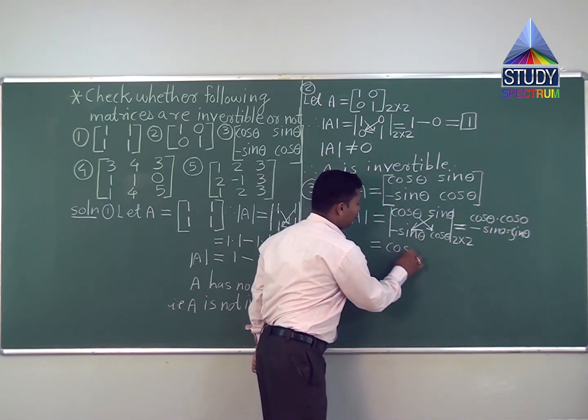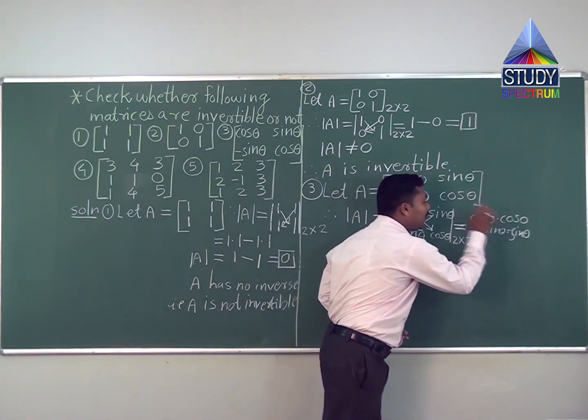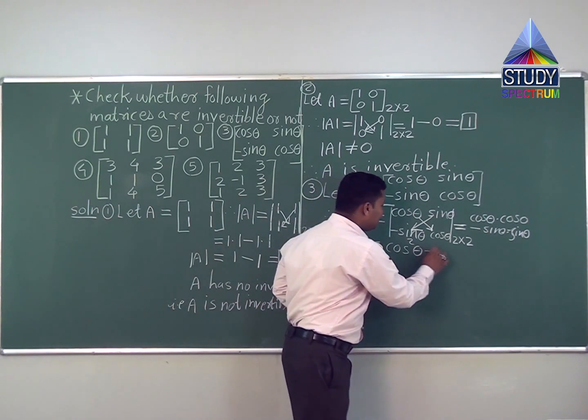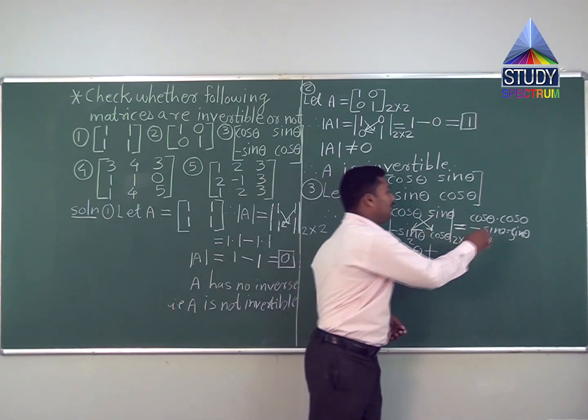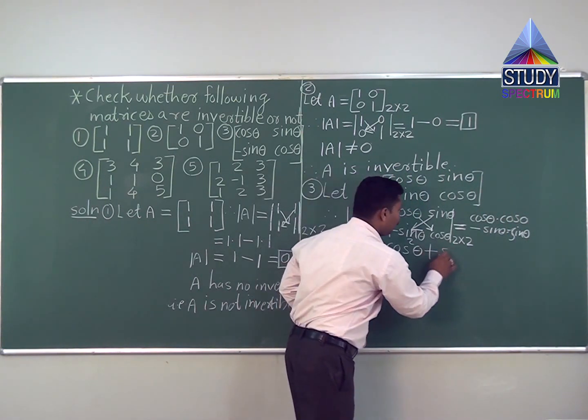Cos square theta, and here minus minus is plus, and this sin theta into sin theta, what? Sin square theta.